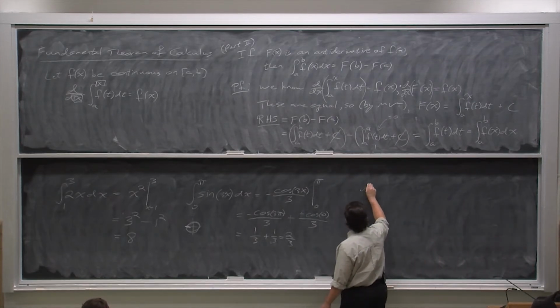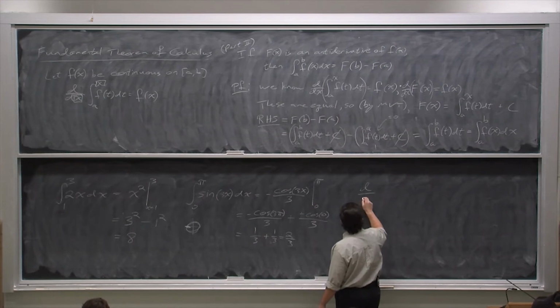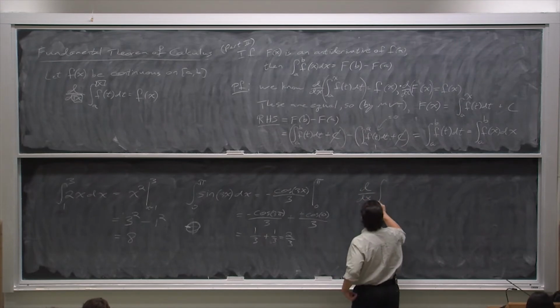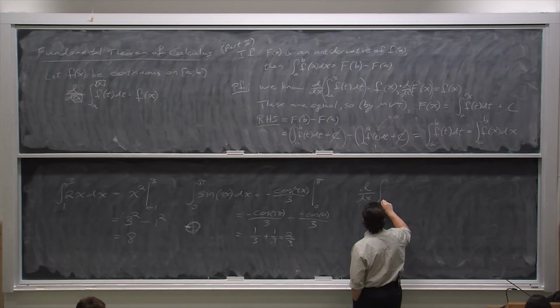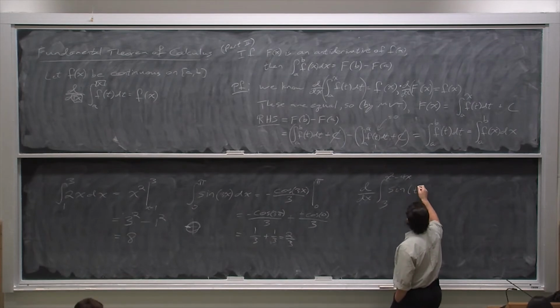Where things get interesting is if we have something like the derivative of the integral from, say, 3 to x squared minus 4x of sine of t squared dt.